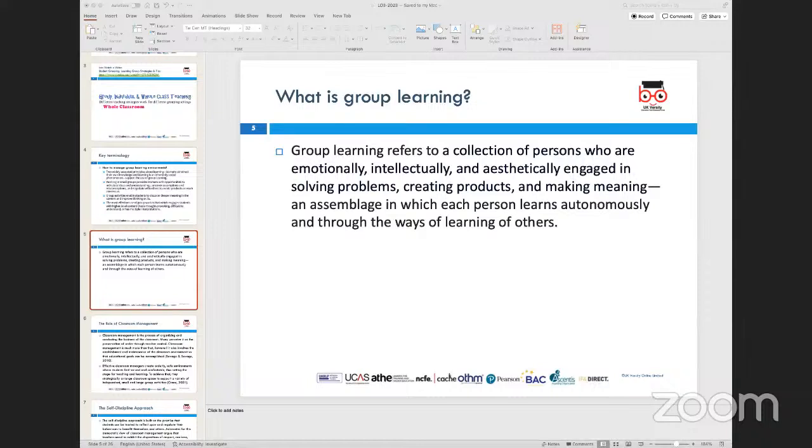In workplaces, when you look at apprenticeships or practical trainings, people shadow other colleagues to learn certain skills.